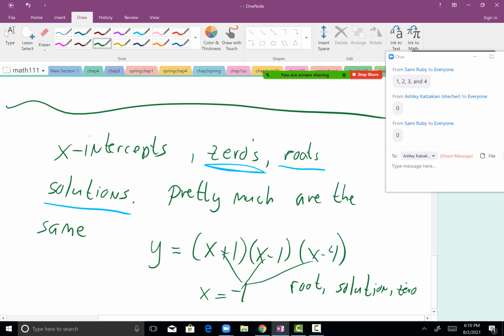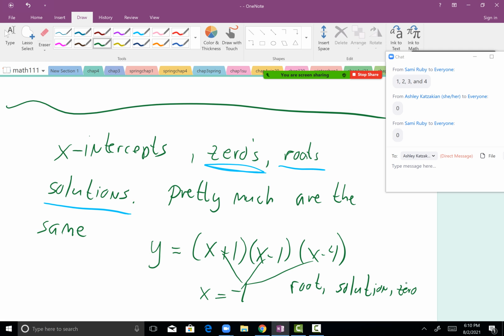It's the same thing. Same thing with 1 and 4. Anything that makes the equation a 0 for y is also considered a root or a solution. But it doesn't have to be an x-intercept, and I'll show you why a little later tonight, but it's definitely going to be a root or a solution.